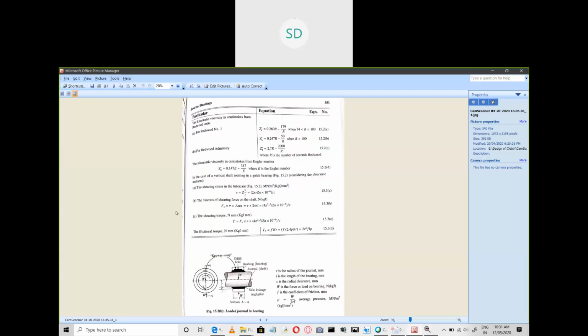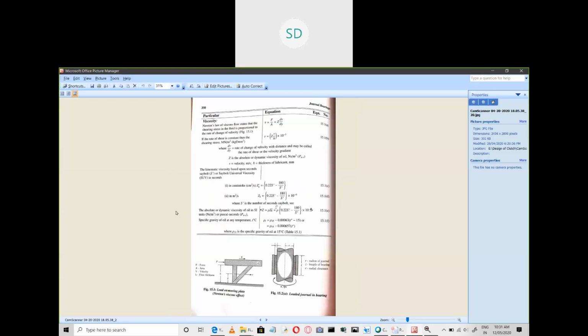Now to convert the kinematic viscosity into the absolute viscosity, check here: rho into ZK. ZK is the kinematic viscosity.